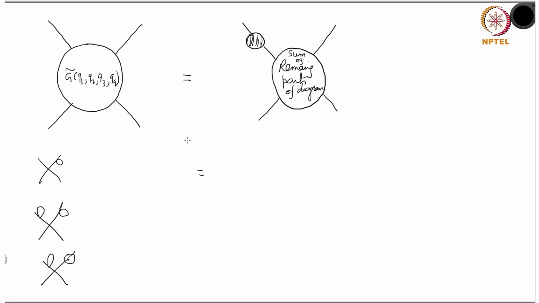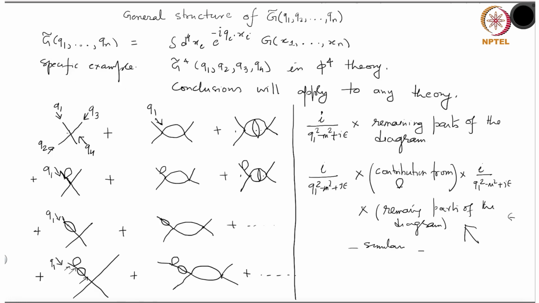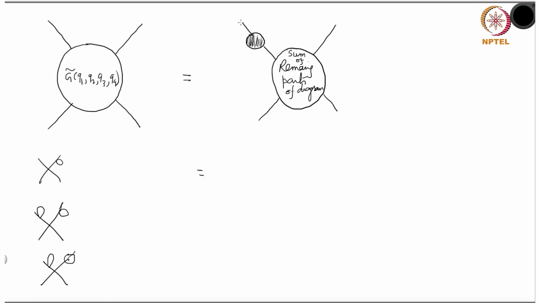So you see that if we go through the argument, the structure should be of this form, where this contains all corrections on a single line. These are all corrections on this q1 line. So all those corrections I am including, and all those corrections are denoted by this blob.